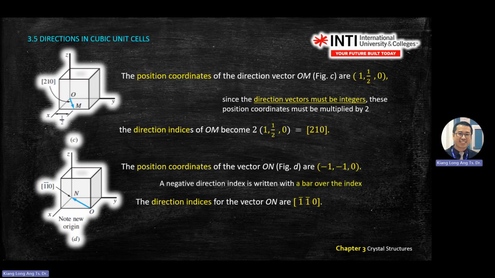For coordinates, you can have negative inside the bracket, but for direction, you need to put the negative on top of the numbers, also without commas.